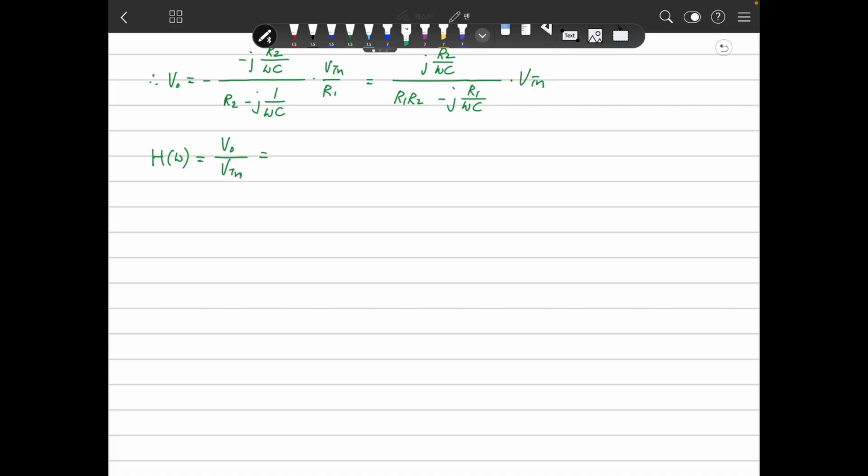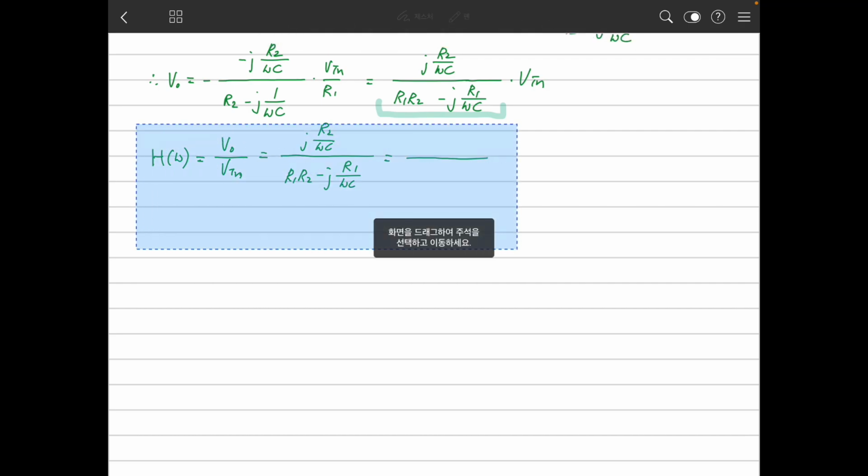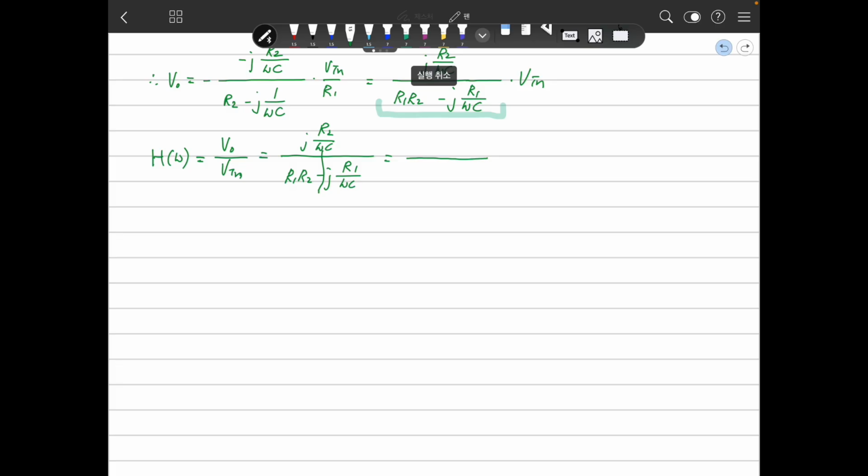That's it. So we write here j omega C R2 and R1 R2 minus j omega C R1. Then we need to make a different form, the general form, and you remember that.